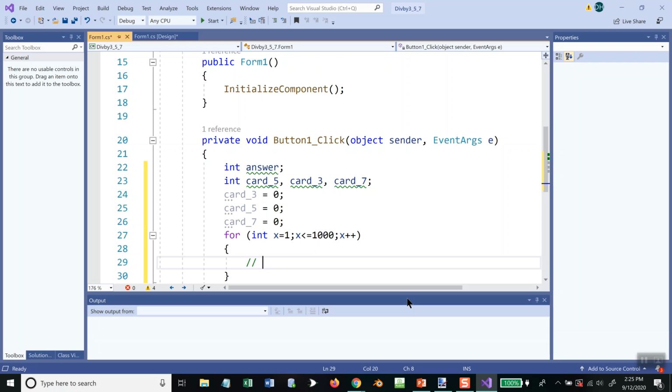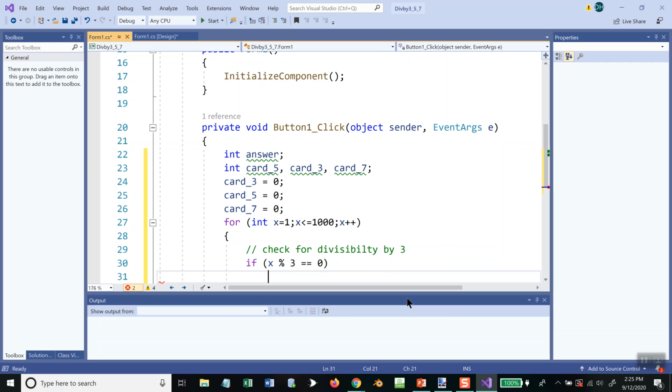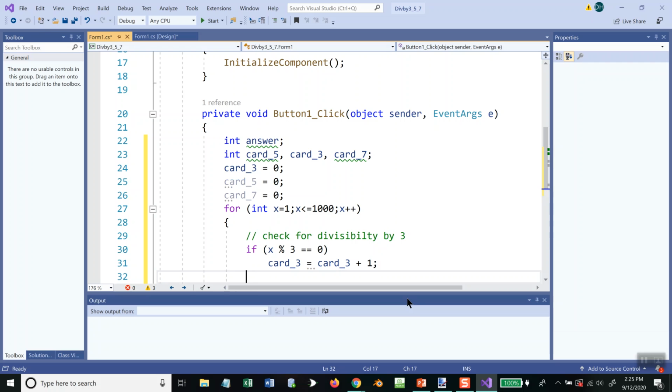Check for divisibility by 3. So if x, so we had to mix this up with another language, percent 3 equals 0, then card 3, and I can do plus plus, but I'll do card 3 plus 1. I'm increasing it by 1.